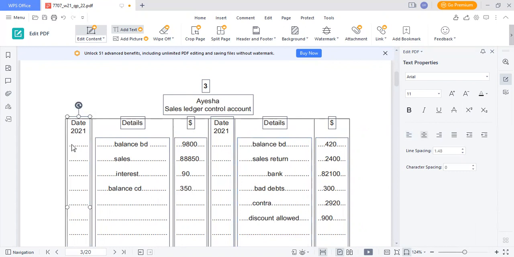So 1st August, 1st August, and these all items will be at 31st August.